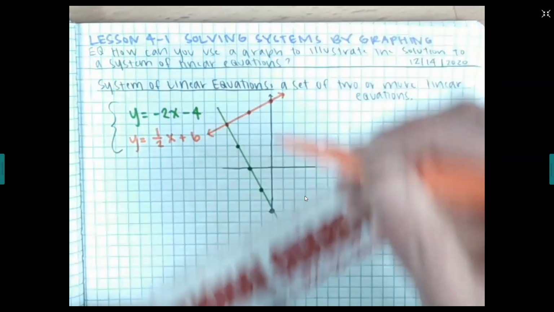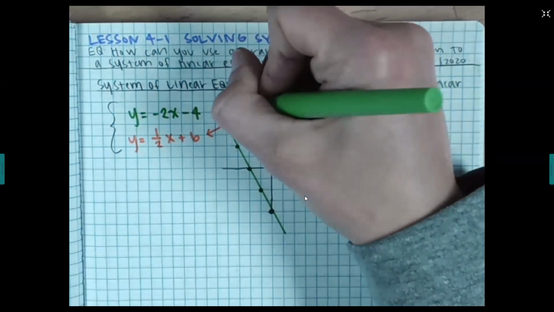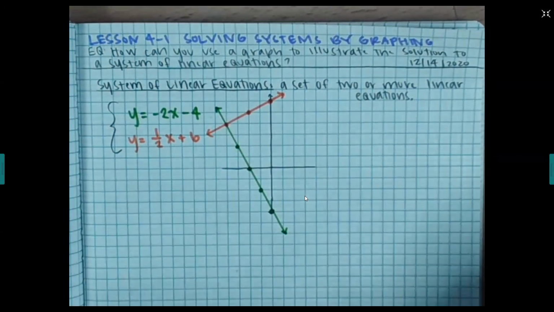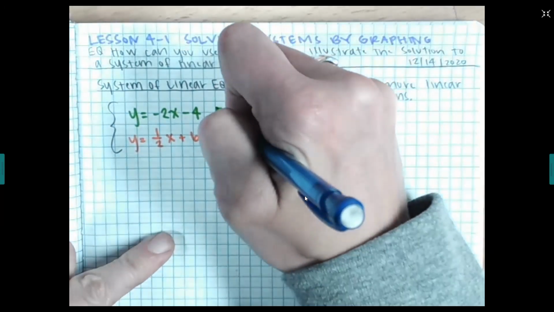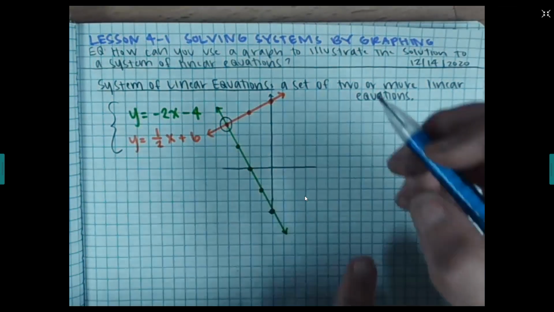Now, remember, I said that we call it a system because we're trying to determine how these equations are working together. The solution to these equations is where they are intersecting each other.